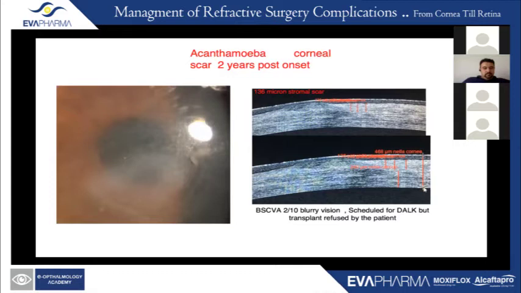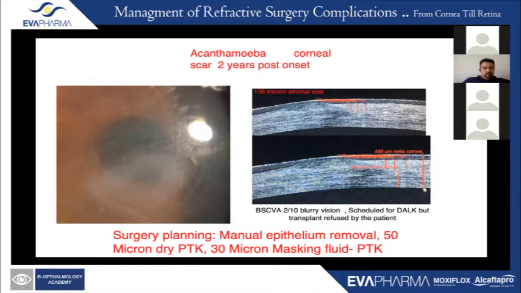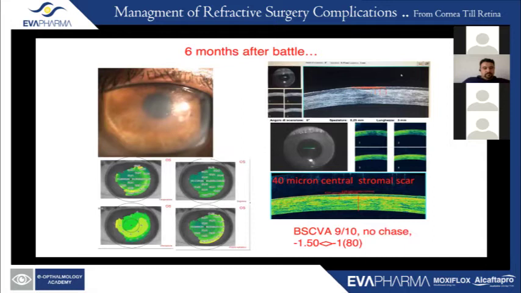In these cases, the patient was scheduled for DALK, but the patient refused this kind of surgery and came to me, and I try to smooth the cornea as much as I can. My surgery planning was a manual epithelial removal, 50 micron of dry PTK and 30 micron of masking fluid PTK, and this is the result.